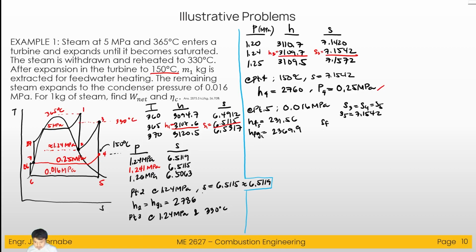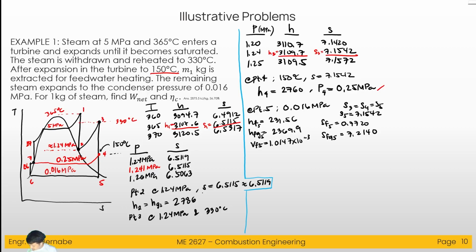Let's write here 5. SF5 0.7720. SFG5 7.214, and then let's find also the VF5, that is 1.0147 times 10 to the negative 3.